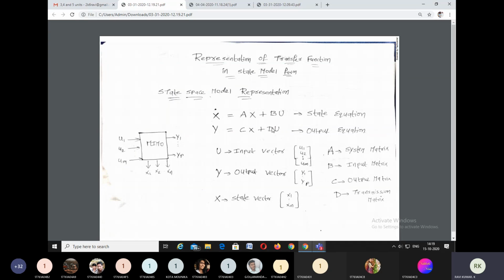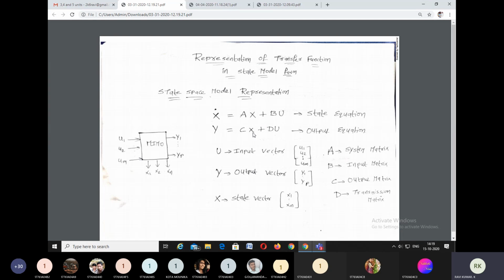So suppose the car is at 10 kilometers distance, then in what time will it reach? If the car is at 1 kilometer distance, in what time will it reach? That depends upon the input we are applying, that is the acceleration, and also the state variable, right? At what position it is initially.